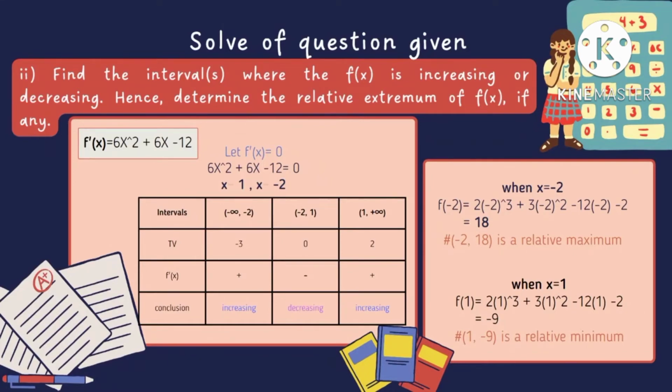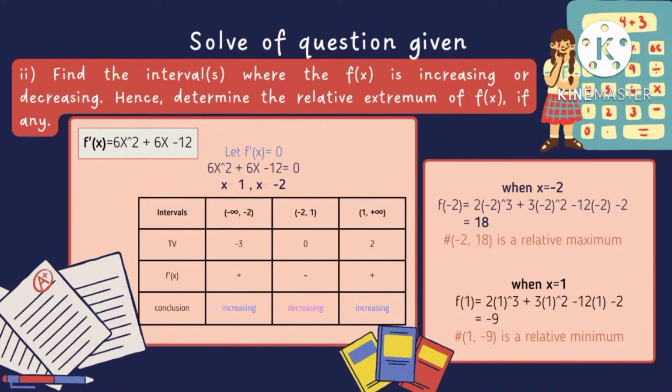So we can do a box like this, and we need to enter all the information that we have already got from what we have calculated. So the conclusion is we will get increasing, decreasing, and increasing. So when x equals negative 2, we will get the extremum.